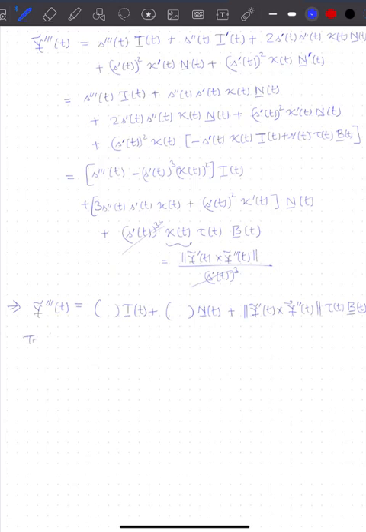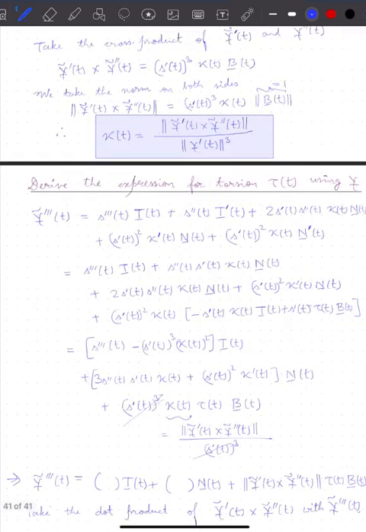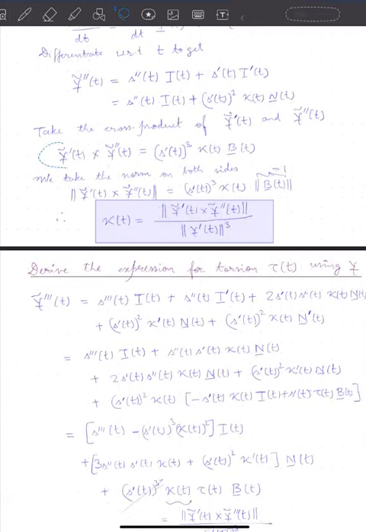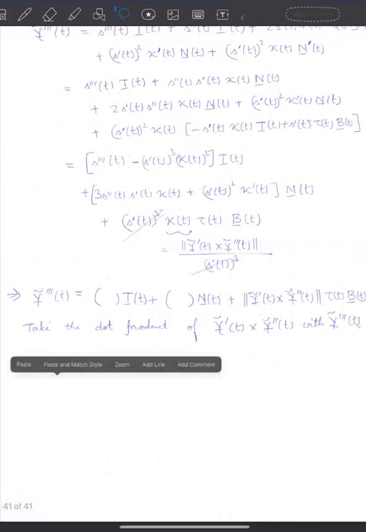So take the dot product of gamma tilde prime cross double prime of t with gamma tilde triple prime of t. So in this case, what happens is, so why not write it down first? Copy, paste here.